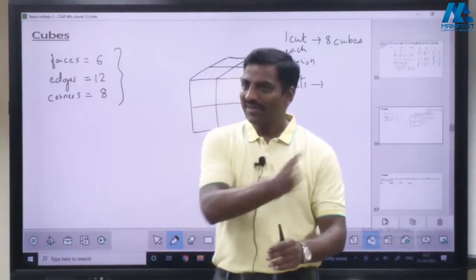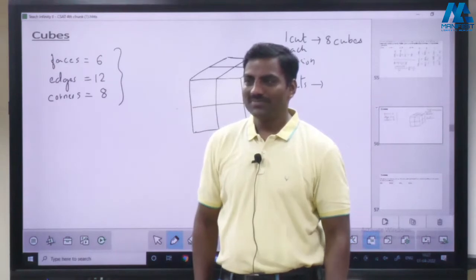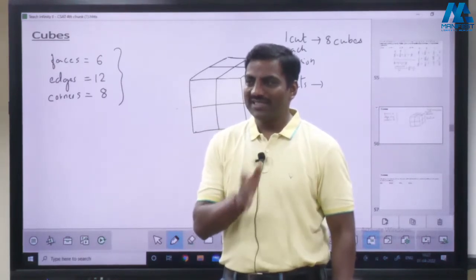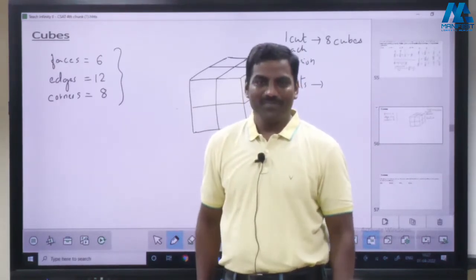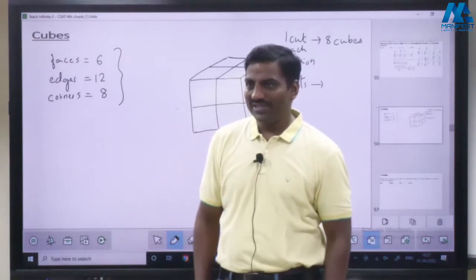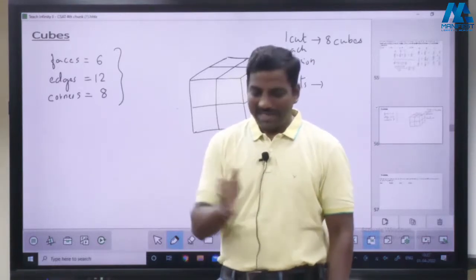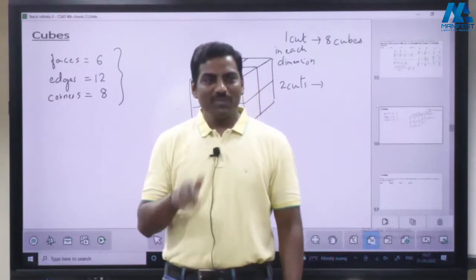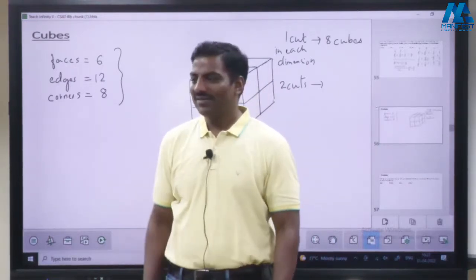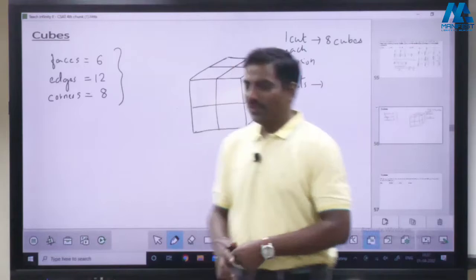Turn it. Again 2 cuts. 3 is becoming 6, 6 is becoming 9. Topple the object. Again give 2 cuts. 9, 18, 27. How many? So here, simple.